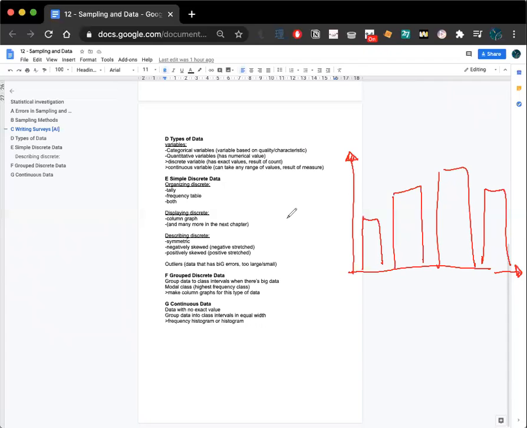And to describe these column graphs, there are 3 ways to do it. There's the symmetric kind, which is something like this.